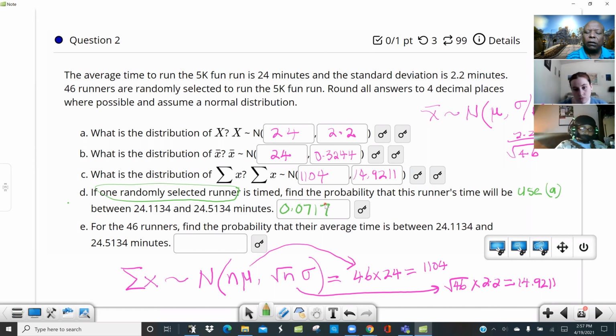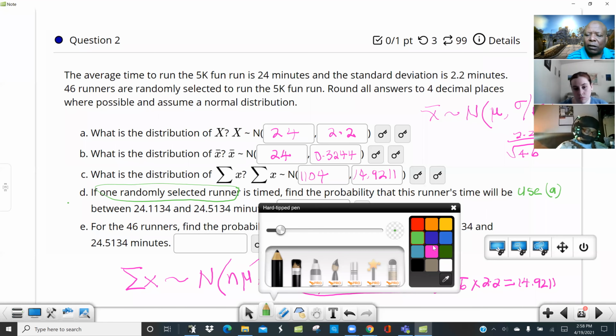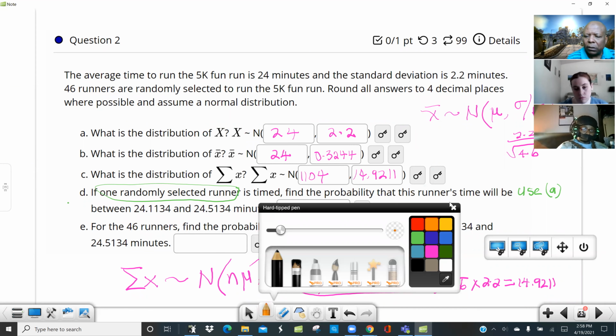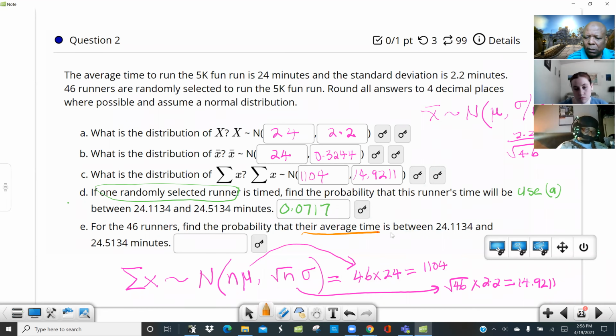And then part E, for the 46 runners, find the probability that their average, meaning that you now use part B. Use the normal distribution in part B, because you are tracking down a group of 46. More than that, you are tracking down the mean of the group of 46.